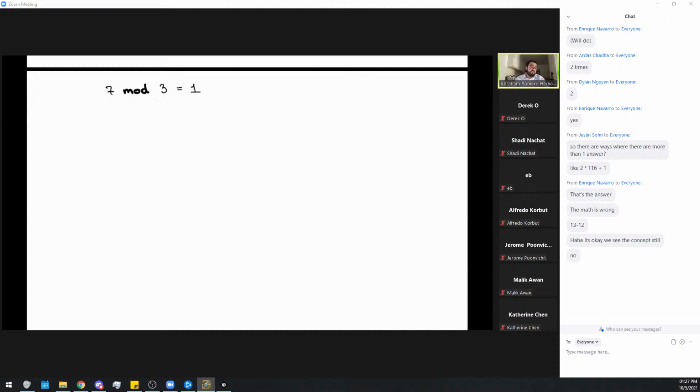So what if I'm just interested in the remainder of 233 divided by 2? Well, the remainder, 233 mod 2, is equal to 1. Any questions on this?